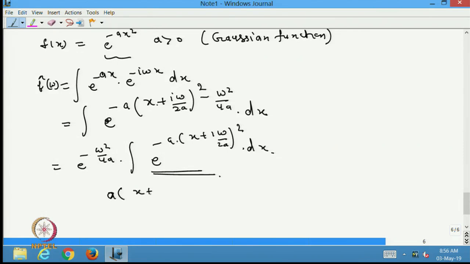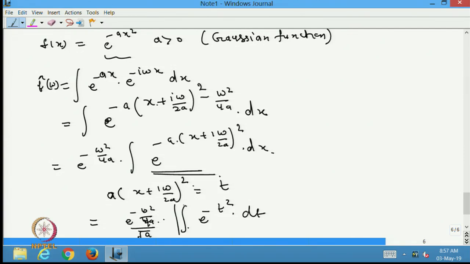The whole thing, x plus I omega by 2a whole square, I can take as t. Then after substituting this we will get e to the power minus t square dt. Okay. So, now we have to calculate this integral.